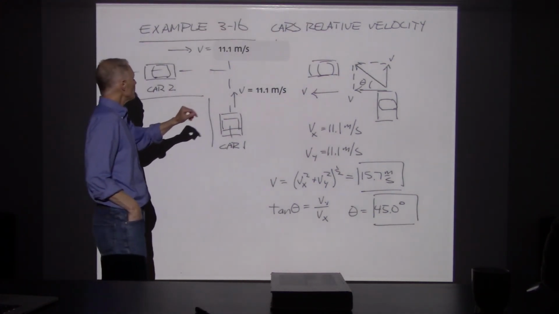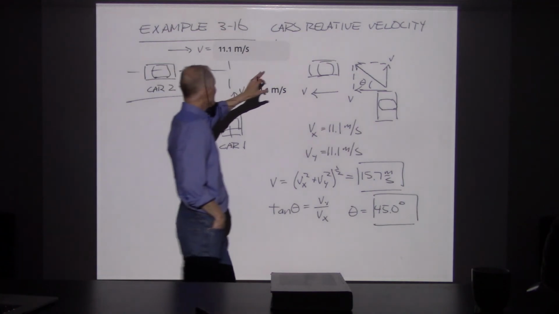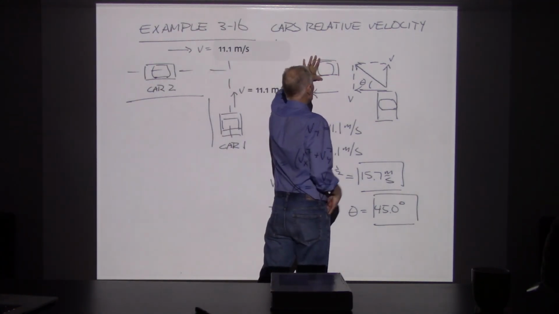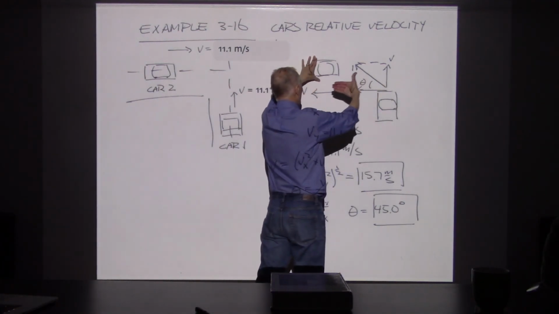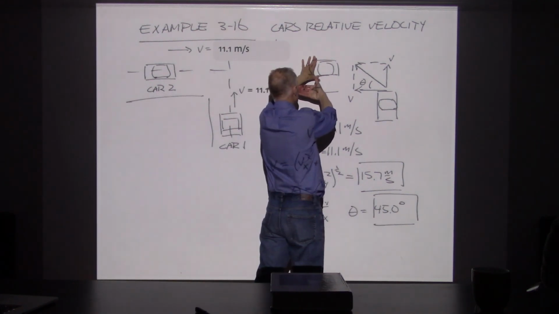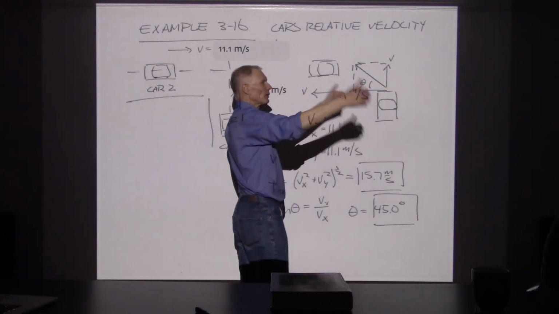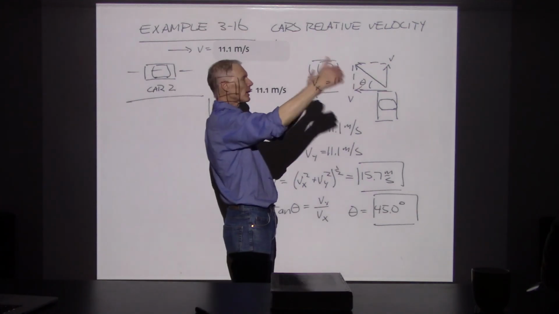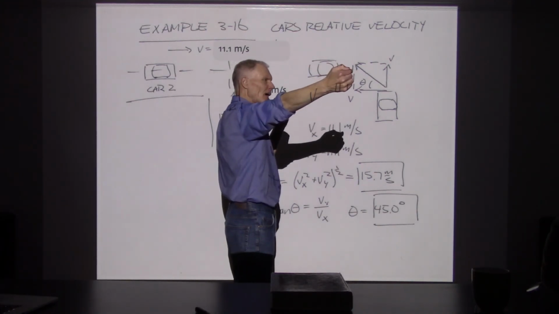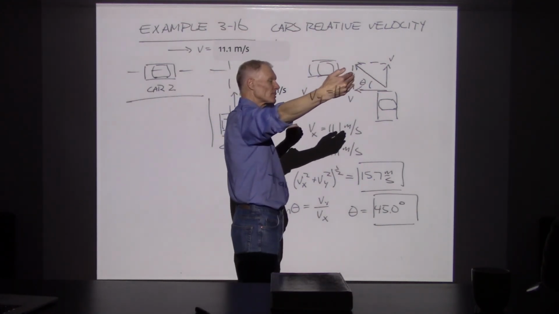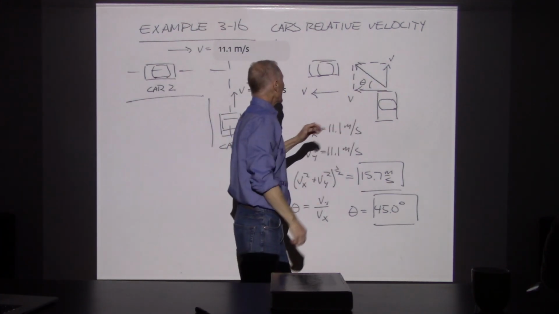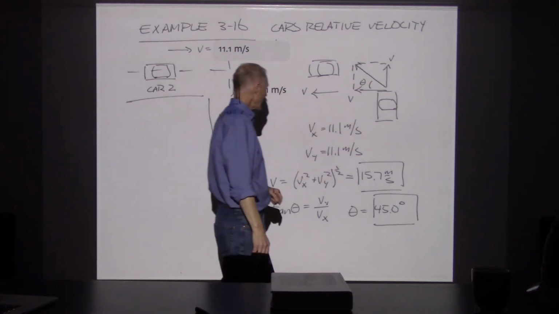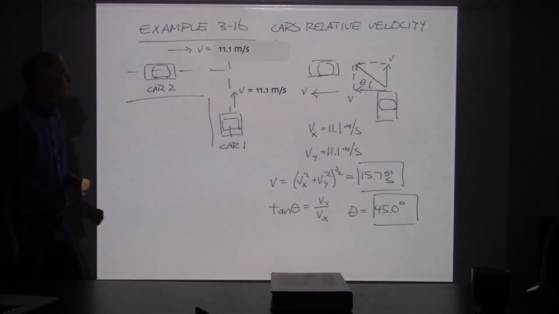So again, the driver of car 2 sees the entire outside world, the pavement, the buildings, moving towards it and going by at 11 meters per second. And then it's got this other object moving sideways through that at 11 meters per second, and we can add those two effects together to come up with that number.